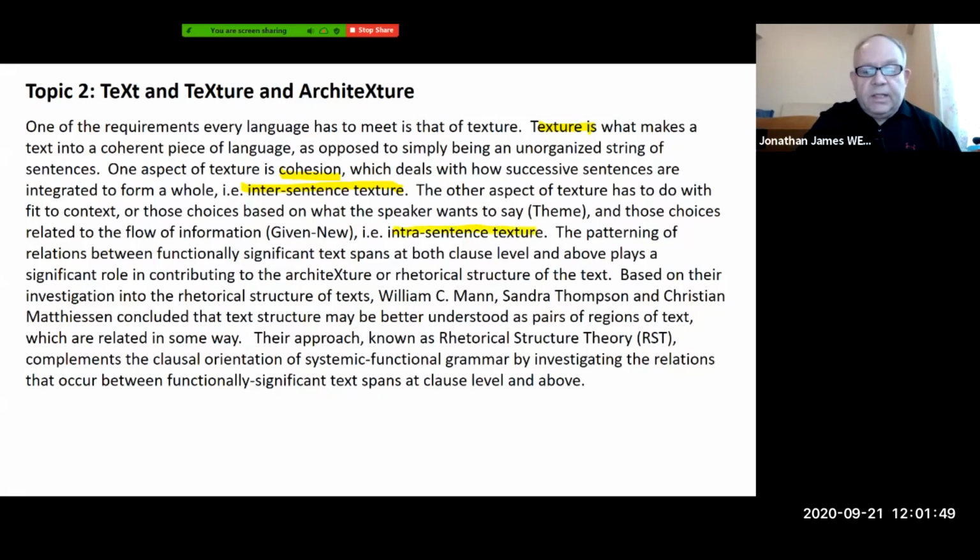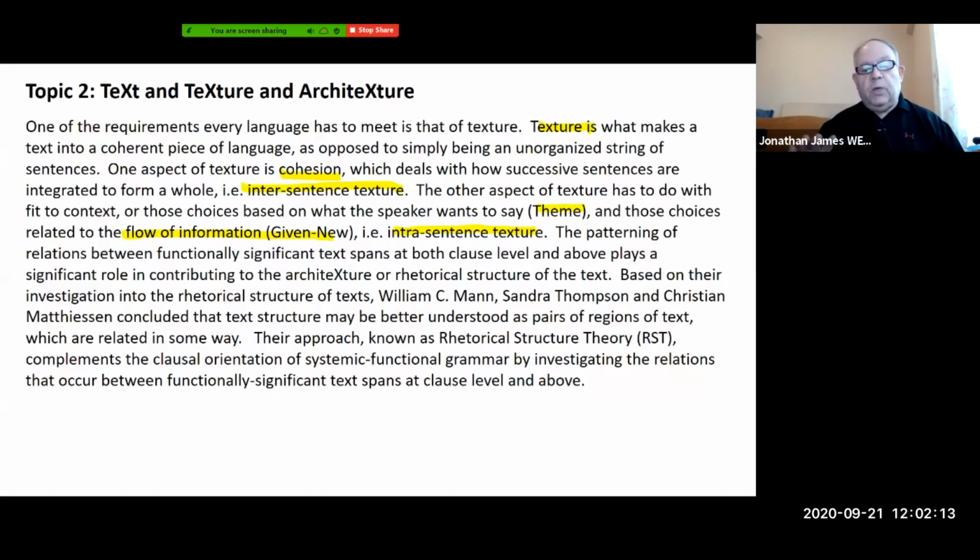That intra-sentence texture refers back to the choices that you make within a clause, and that's why it's intra-sentence. The choice you make about theme, how you begin that clause, and how you express the flow of information, given to new, and so forth.